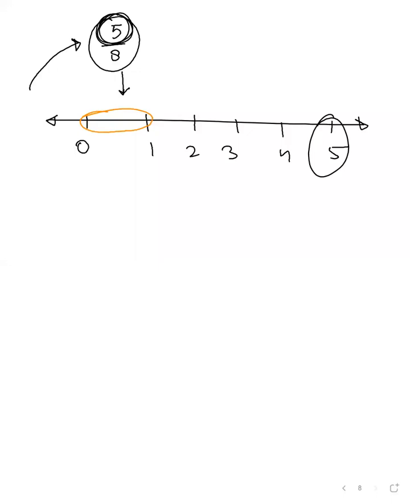Because 5 comes after 1. 5 comes after 1. But that is my concern. I am saying that 5 comes over here. So why are we saying that 5/8 will be in this orange region? 5 तो यहाँ पे है ना, so shouldn't the 5/8 be over here? Why is it over here?